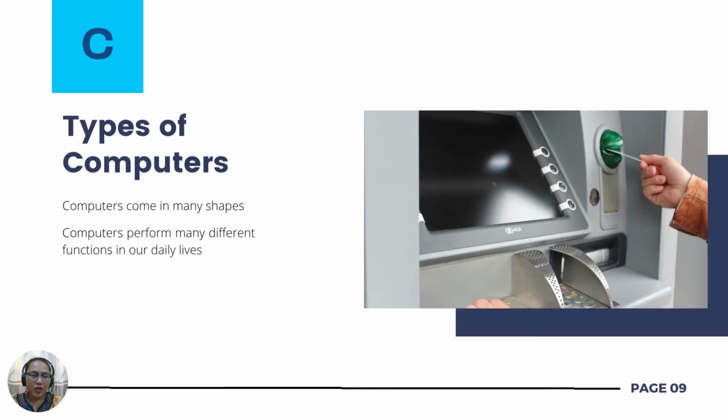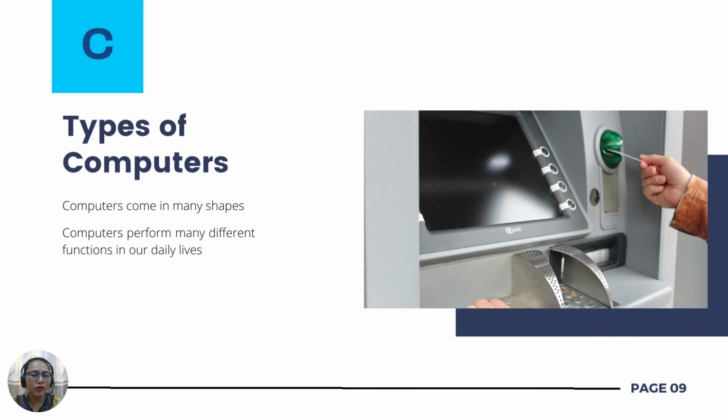When most people hear the word computer, they think of a personal computer such as a desktop or laptop. So mostly siguro sa atin, nung una, ang alam lang natin na computer is our desktop or our laptop. However, please take note that computers come in many shapes and in many sizes, and these computers perform many different functions in our daily lives.